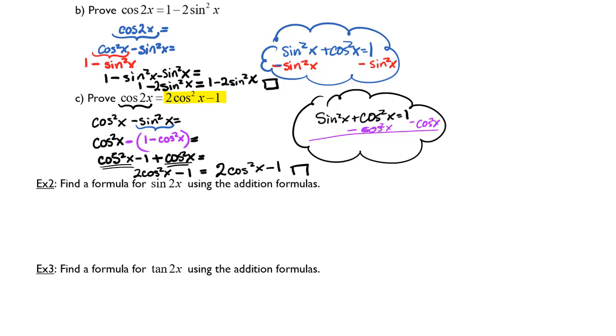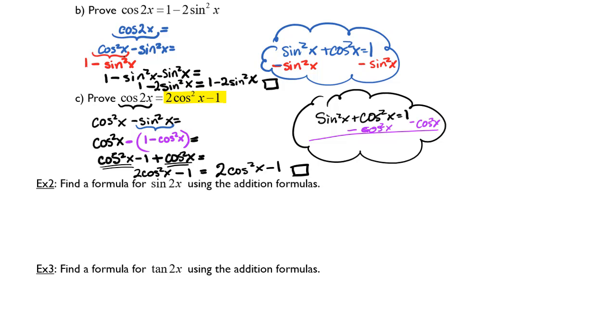And I've proven that one as desired as well. So you can see that there are a lot of different ways to write the double angle, or when you have a cosine of 2x, there's many different ways to rewrite it, and they're all equivalent identities.